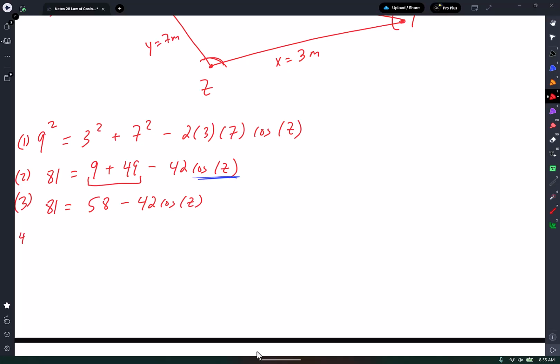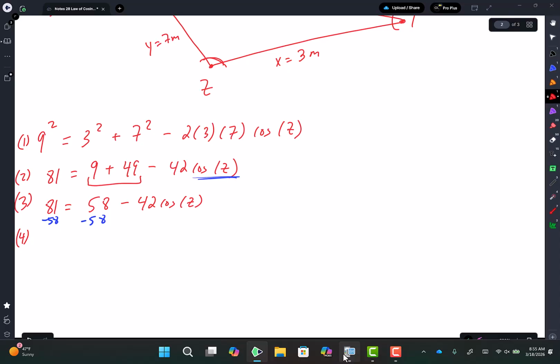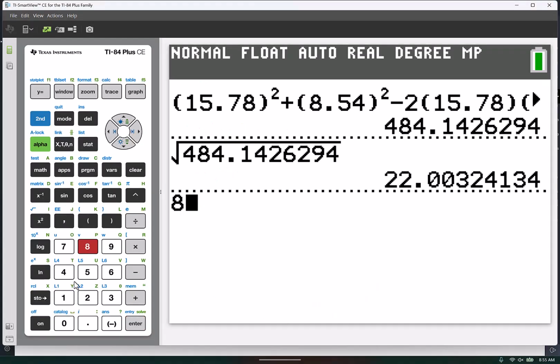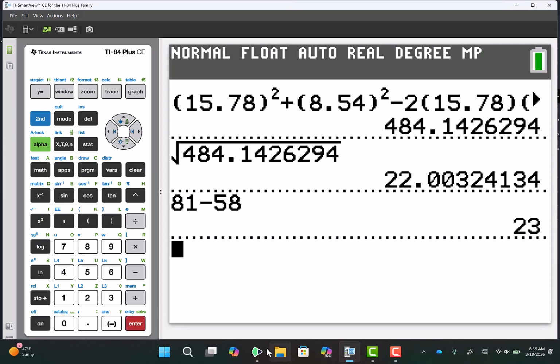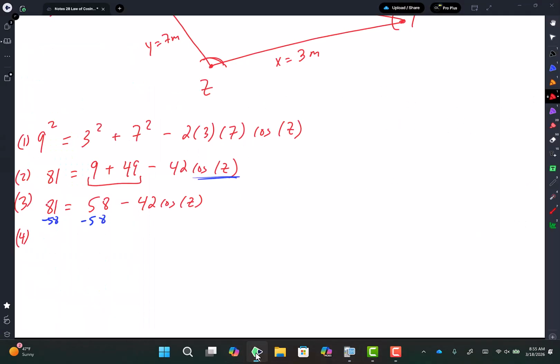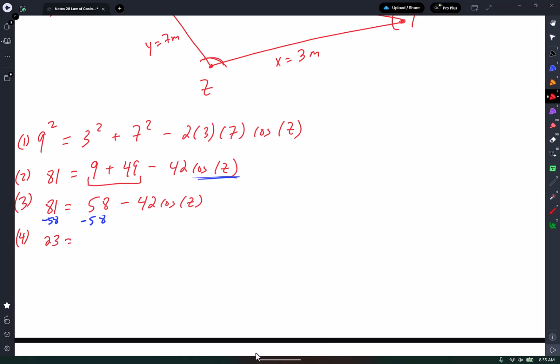Here's step 4. I'm going to subtract that 58 and move it to the other side. You can just take your calculator. I'm not trying to insult you. 81 minus 58. I know some of you can just subtract them real quick. There it is, 23. So I'm going to write 23 equals negative 42 cosine Z.